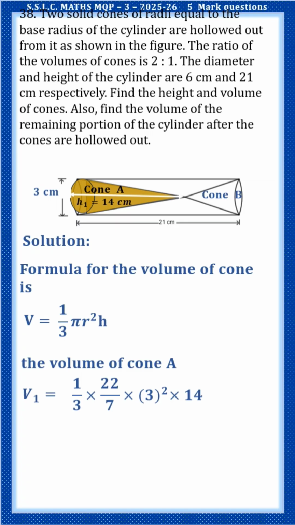Okay, now let us see which numbers can get cancelled. 3 ones are 3 in the 3 square, 7 ones are 7, 7 twos are 14. So V1 is equal to 22 into 3 into 2, that is equal to 22 into 3 is 66, 66 into 2 is how much? 132 centimeter cube.